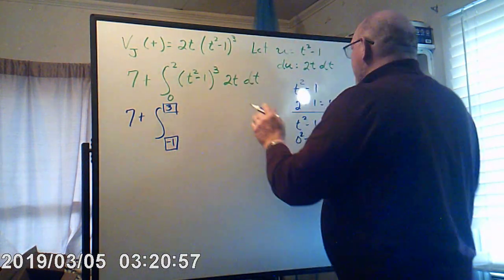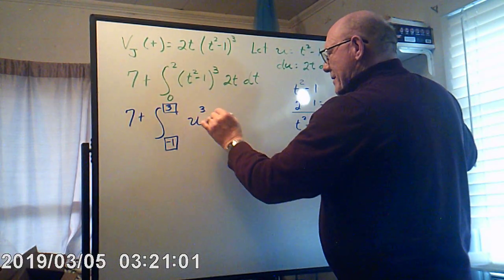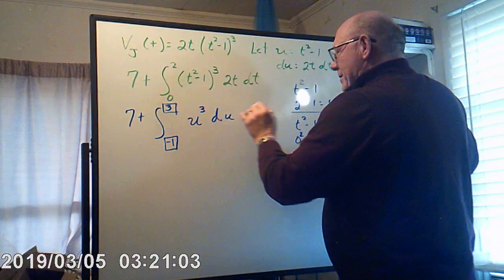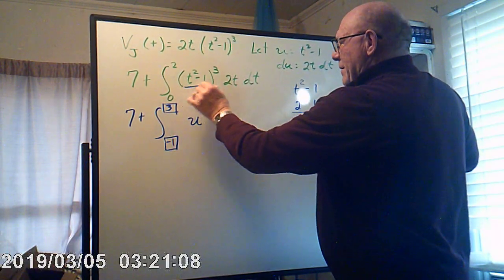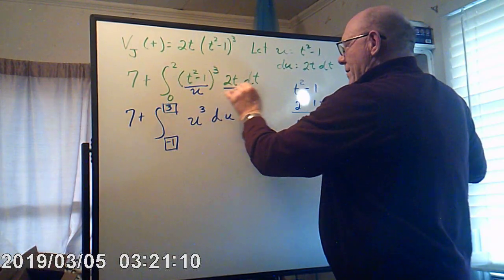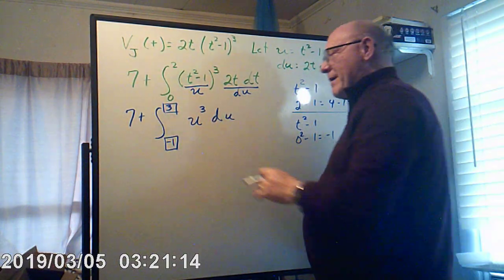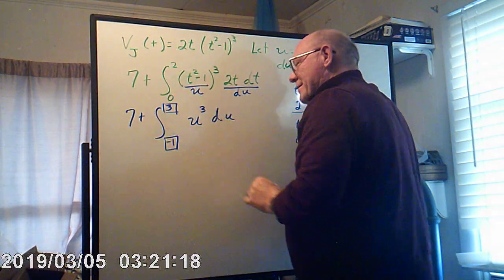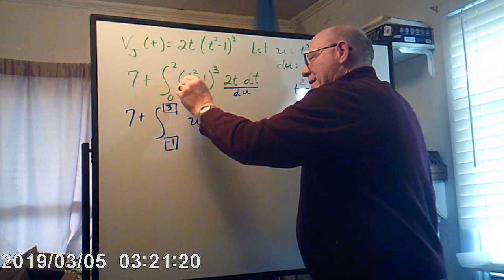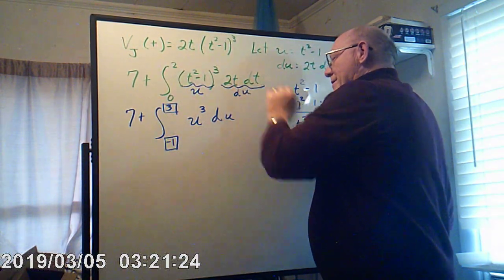Now you said this is u cubed, right? U cubed du. There's your cube coming in right there. All of this is u, and all of this is du. I'm not putting it over u, I'm just saying that is u.